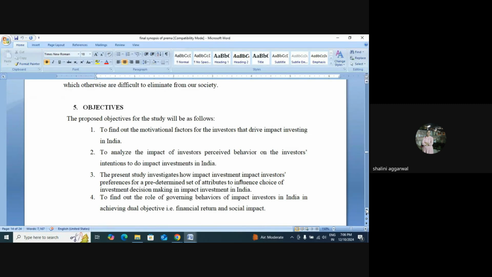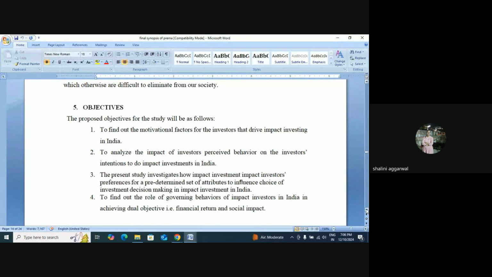This is one of the synopses of my student, and it has 4 objectives, right? Now, how do we start writing the thesis? The next step is writing the thesis. So what is the next step that we have to do?